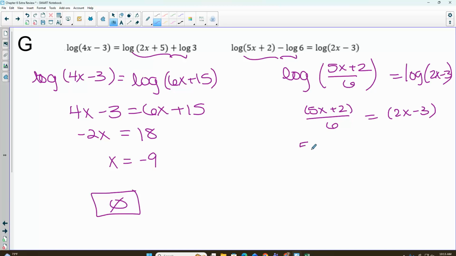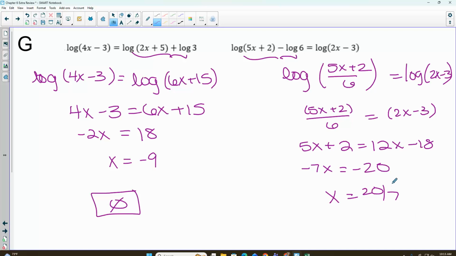So if I multiply my 6 over, bring over my 12x, bring over my 2, so we get 20 over 7. If you plug that in, you get positive arguments, so that is our answer.